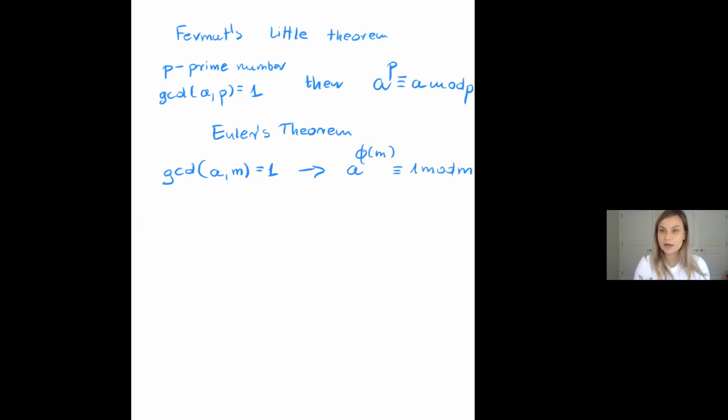Now, if we go back to RSA, what we want to compute, we know that we have the greatest common divisor of E and phi of N is 1.